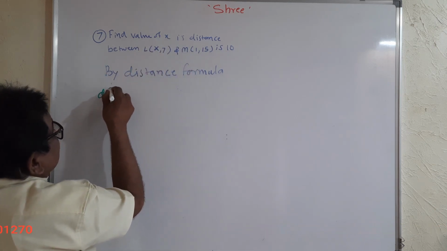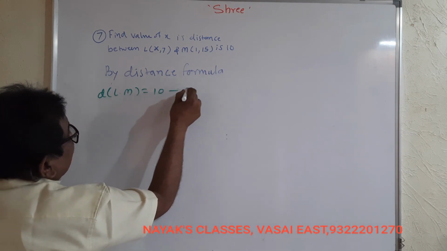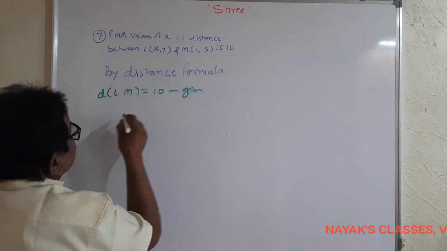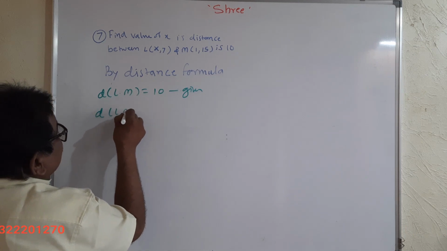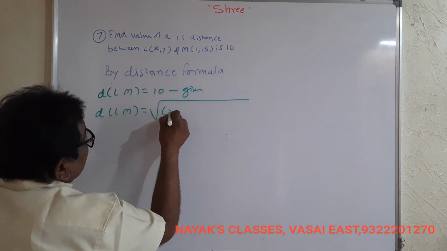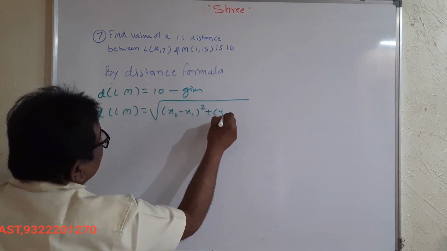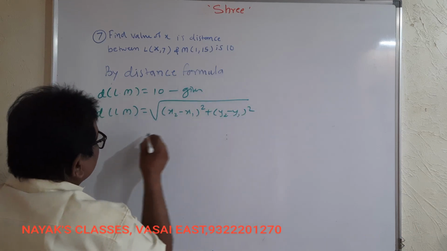Distance LM is equal to 10, given, and distance LM is equal to under root (x2 minus x1) the whole square plus (y2 minus y1) the whole square.